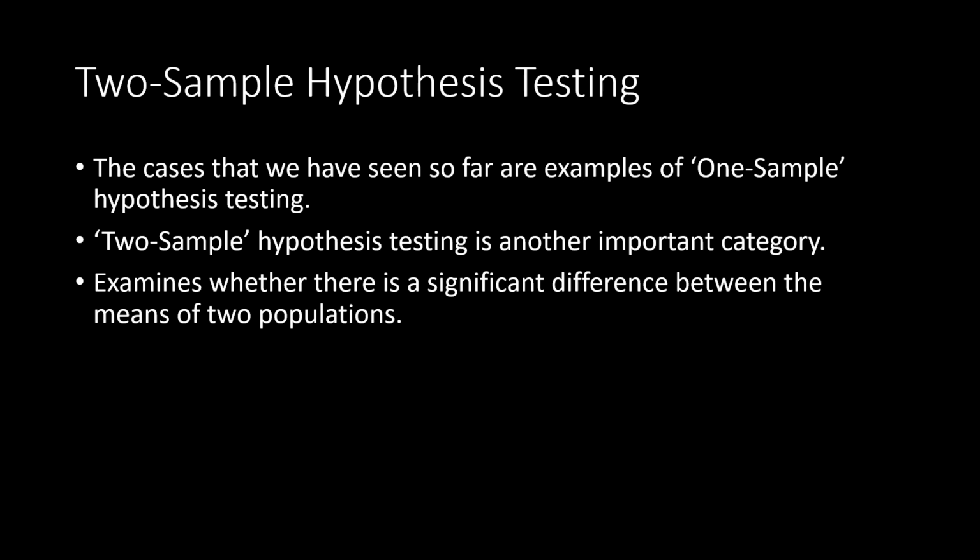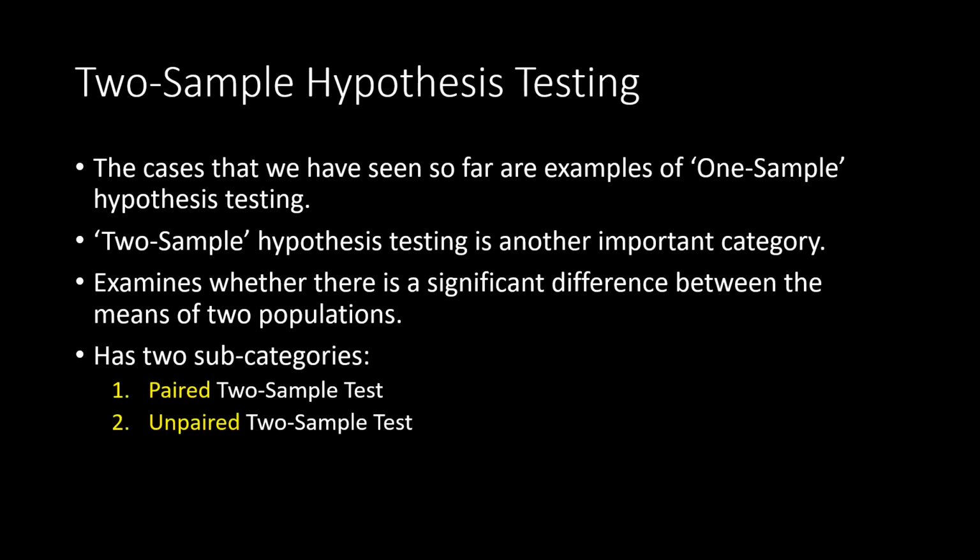This can be very important when, let's say, you're doing a control study, examining a new drug and trying to test its efficacy. So you would have a control group that gets a placebo, and then another group which gets your trial drug, and then you try to see if there's a significant difference in the health outcomes of the control group and the treatment group. I'll talk about that in more detail on the next slide.